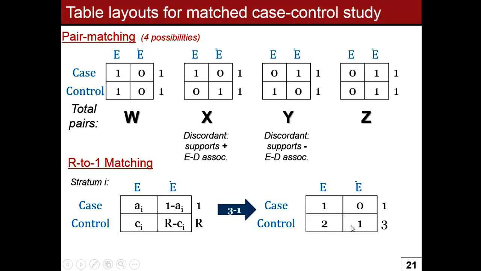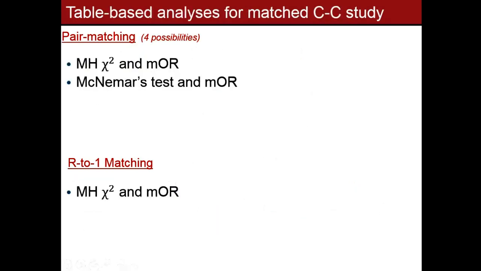So this is one of many tables that you can get depending on the number of controls per case, and you don't have this simple closed solution. You can still use the Mantel-Haenszel methods to analyze this kind of table, but the McNemar statistic, which I'll show in a slide or 2, only applies to the pair matching situation, which is exactly what we said here.